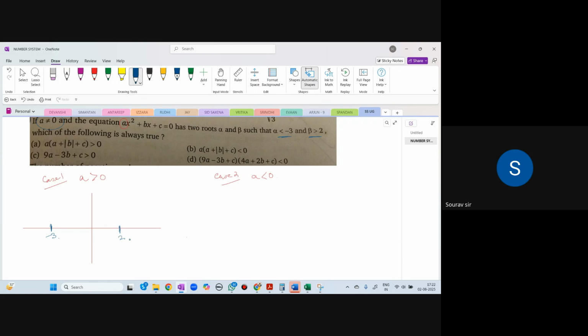Okay. So the parabola has to face upwards. One root has to be less than -3. Suppose the root is here. The other root has to be greater than 2. Suppose the root is here. I don't know where it is. But all I can say, the parabola will go like this. Make sense?